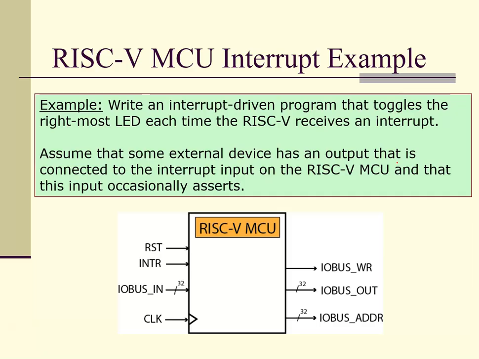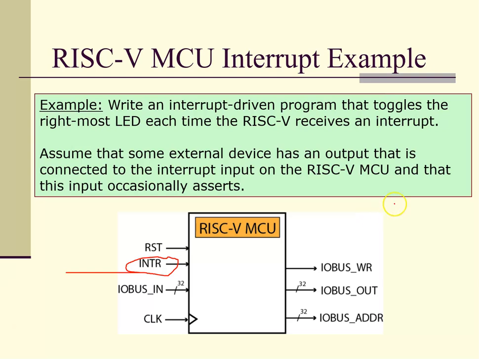So we're going to crank through an example problem where I want to toggle an LED. Essentially, every time it receives an interrupt, that means every time this pin is asserted, it's going to toggle an LED.